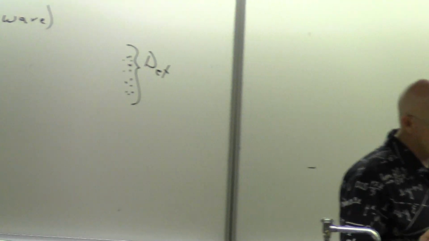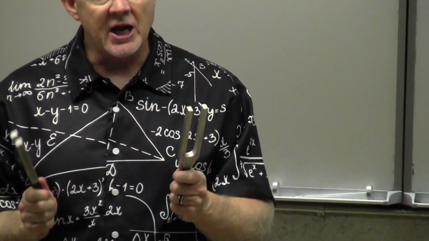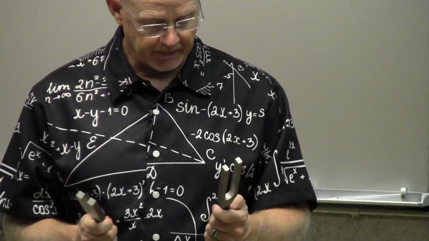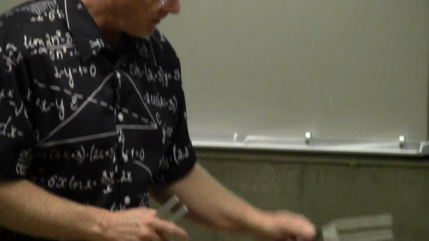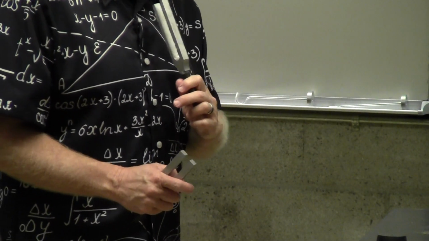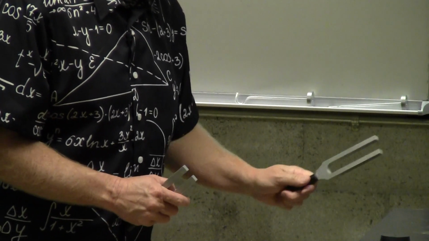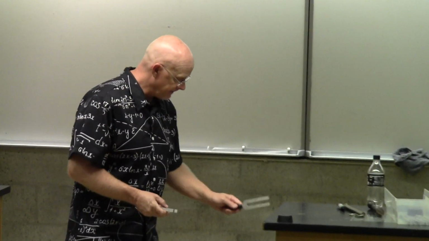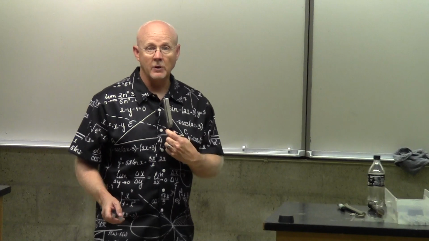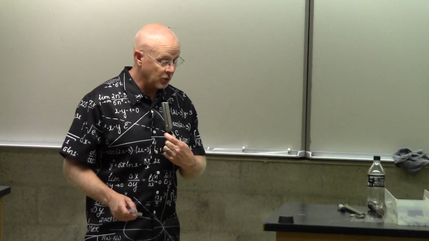You already heard that, but I'll show it to you again. These two pieces of metal are both made out of aluminum, but they do shake at a different rate. These have been measured and we've stamped it on here. When I hit this, it goes back and forth 512 times in 1 second, whereas this one goes back and forth 1,024.